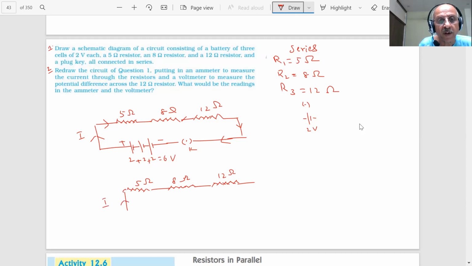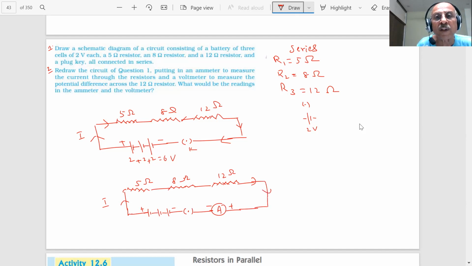Current is flowing, student. 1, 2, 3, plus and minus. There's the key, student, and what we are connecting. Ammeter, student: this is negative, then this is positive. Current is flowing through the ammeter.